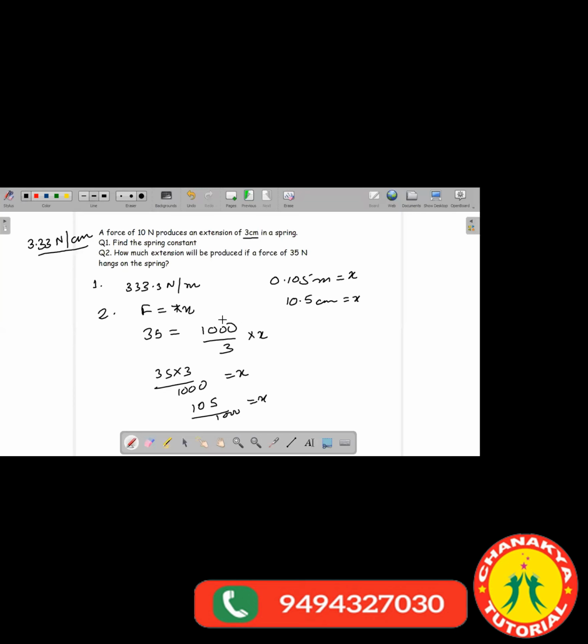Now another simple question similar to this. Here the length of a spring changes from 10 centimeter to 12.5 centimeter when a mass of 50 gram hangs from it.